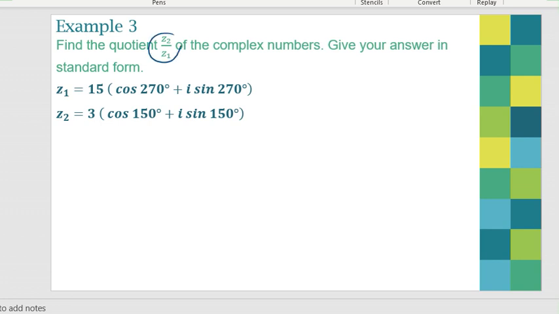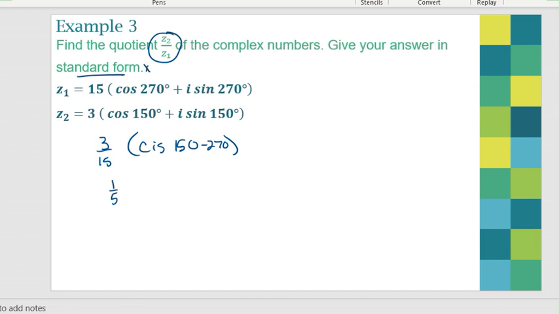Okay, doing this one, it has Z2, and this time it's asking us to go to standard form. So I'm going to divide 3 over 15, cis, and 150 minus 270. I'm going to grab my calculator. I don't need a calculator to get 1/5.